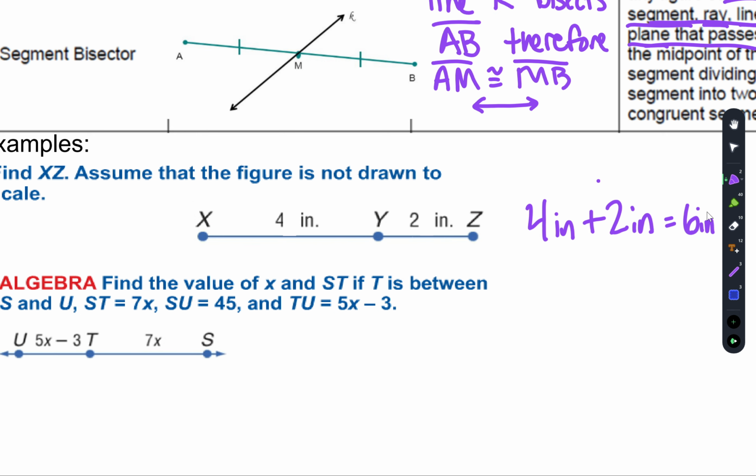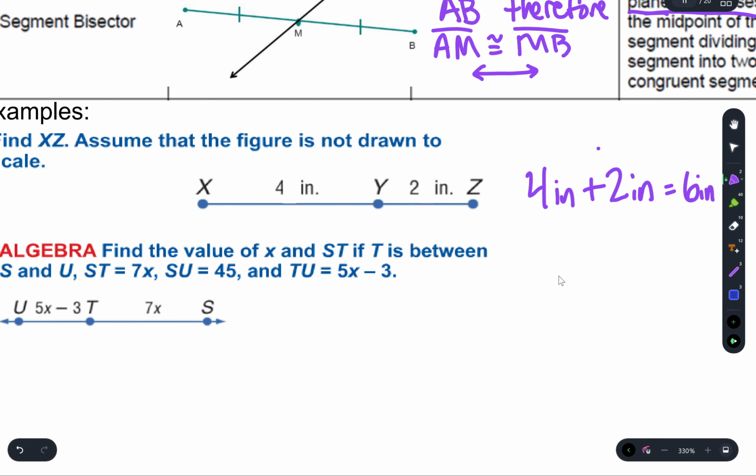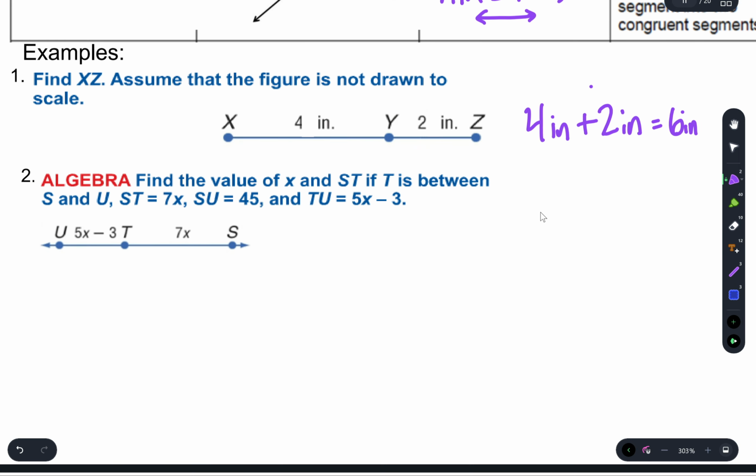Now that in itself is easy enough, but then we start adding in variables, and that's where things can get a little hairy. So in number 2, it's the same idea. I want to find the value of x and the length of ST. If T is between S and U, that does not mean that T is a midpoint. It just means it's in the middle somewhere. ST is 7x.